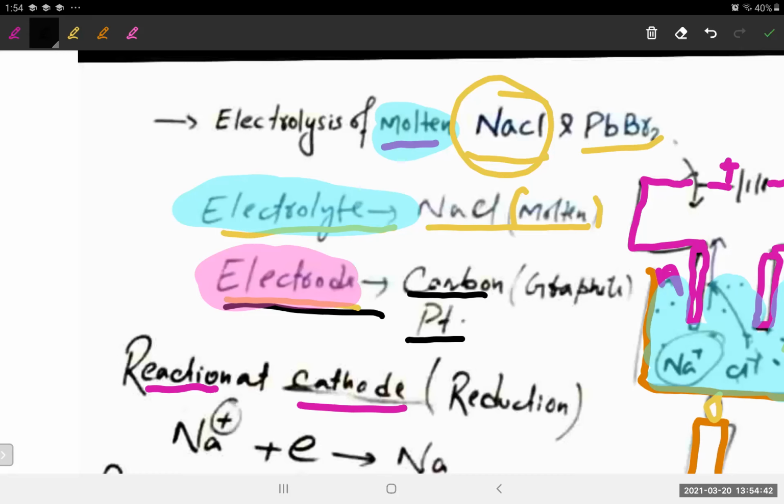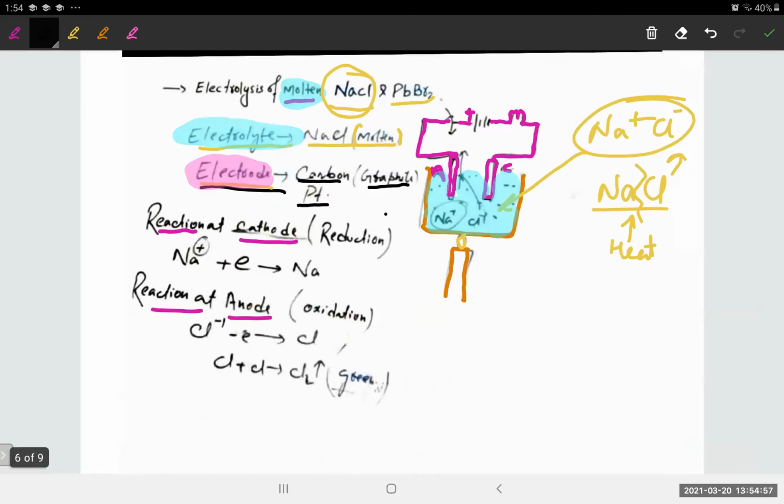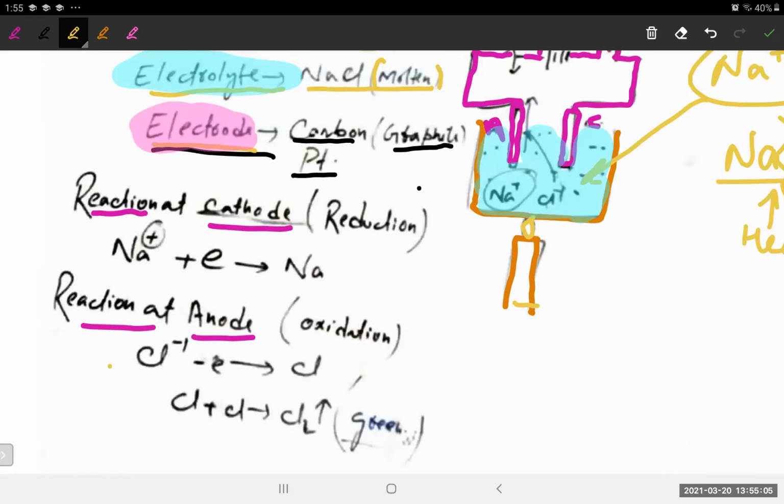So let's take an example of carbon rods. What type of carbon rods are available in the market? Graphite rods, isn't it? So graphite we can use in the place of carbon, that is carbon only, and platinum. Platinum is very expensive, that's why we poor people use what? Carbon. Okay, let's see the reaction at cathode and anode.